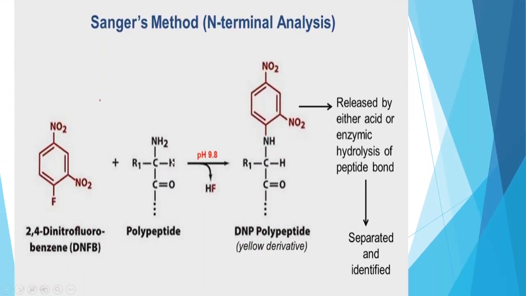Here the same reaction is shown along with the polypeptide chain, and this is the N-terminal end of the polypeptide chain, and this gets bound here, and this portion is released by either acid hydrolysis or enzymic hydrolysis of peptide bonds, and then they can be separated chromatographically and monitored through a spectrophotometer or colorimeter.